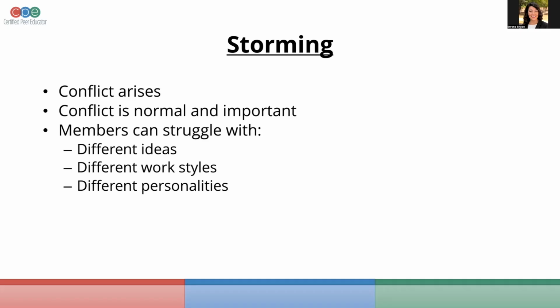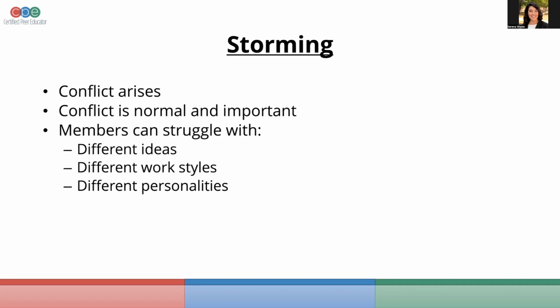High functioning teams and groups can go through the storming stage with successful conflict management techniques. We can reinforce ground rules. We can have open discussions. When in the storming stage, it can be helpful to plan a retreat or plan time to go get coffee so we can openly discuss our feelings and concerns.